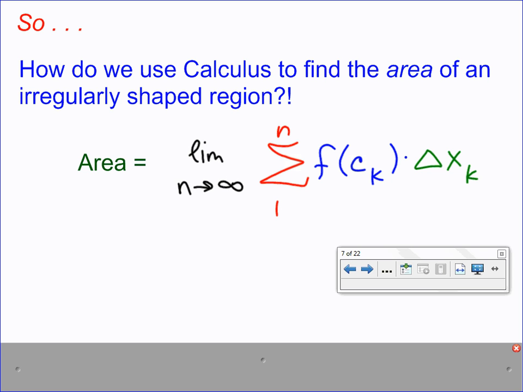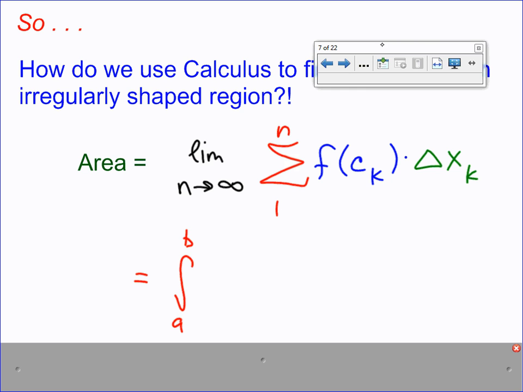And so this is our general definition for the definite integral, which in turn is equal to the integral from a to b, the leftmost x value of my region to the rightmost x value of, and now here it comes, this f of c sub k, that is the height of a single rectangle in there, now given in generalized form as the value of the function.